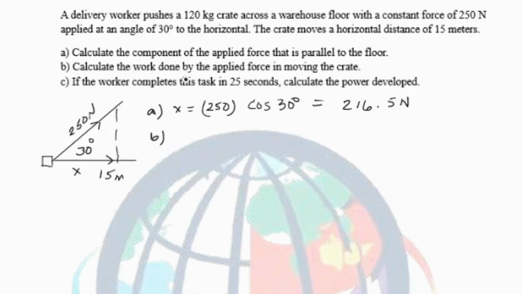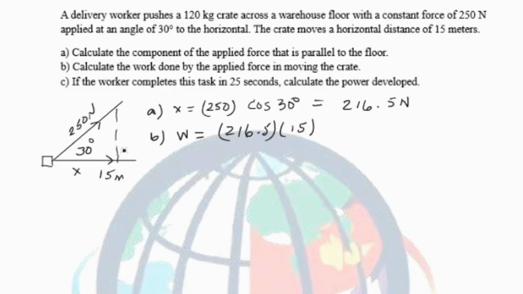Now we need to calculate the work done by the applied force in moving the crate. So now we know the component that's moving in the same direction, okay, as the distance. So the work done is going to be equal to the force times that distance. So it's going to be equal to 216.5 multiplied by 15.